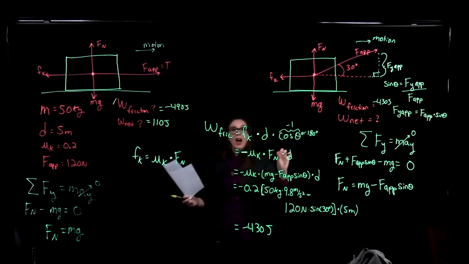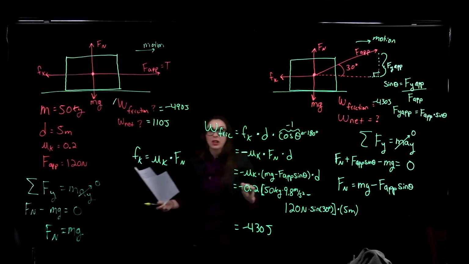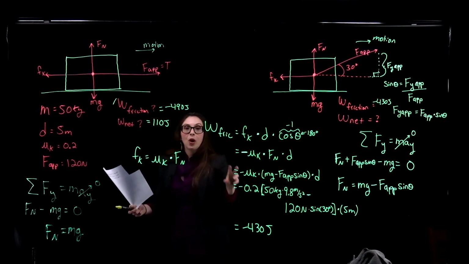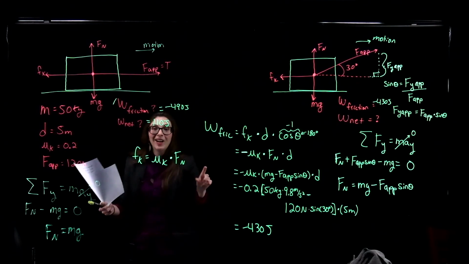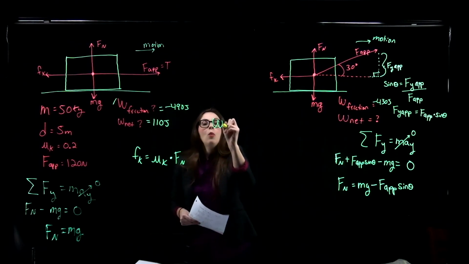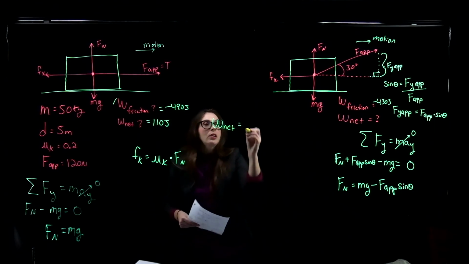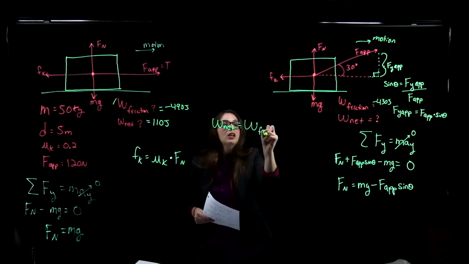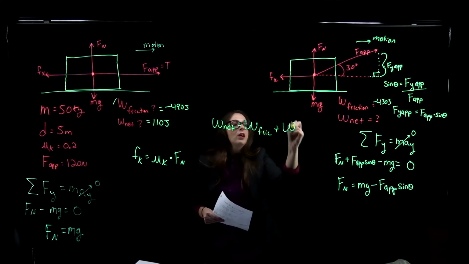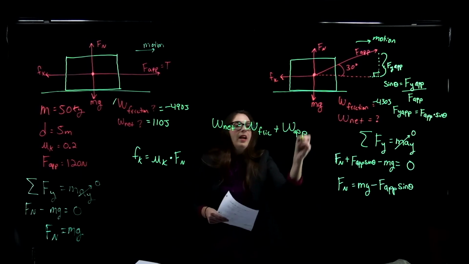So if we've got our work done by friction, let's figure out the total work that we do, our net work. The net work, as we already saw, is going to equal the work done by friction plus the work done by our applied force.